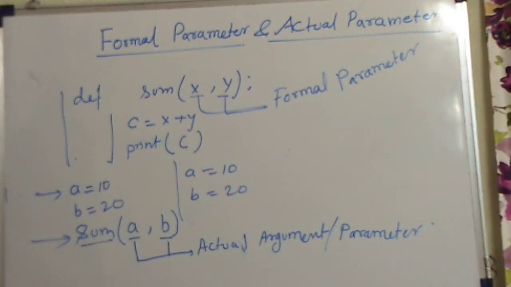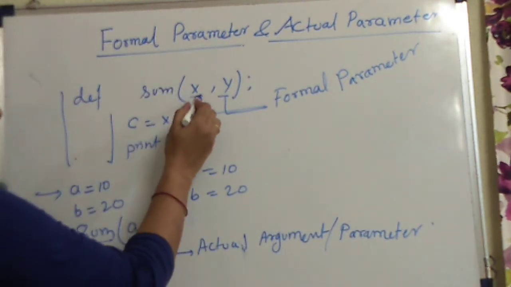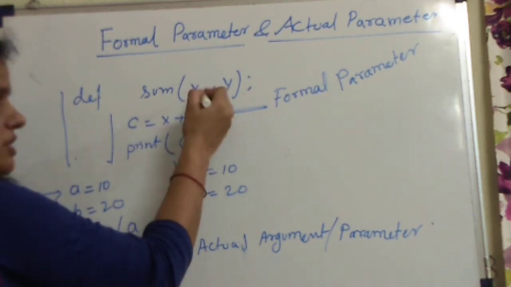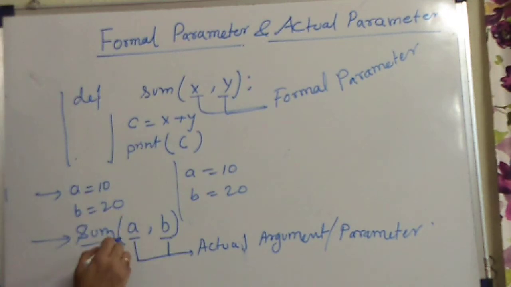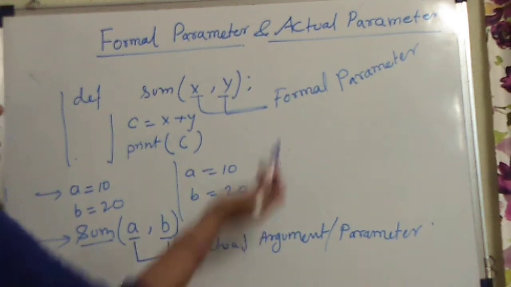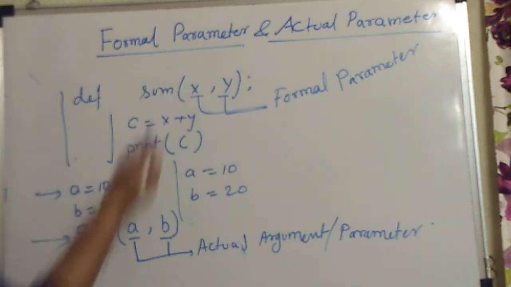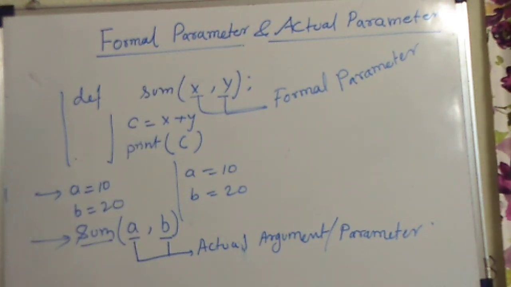Normally, in the function definition, the variables which are receiving the values are called the parameters, and the values we are passing from the function call are called the actual parameters. Normally they are mentioned as argument here, and parameter there, but nowadays they are used interchangeably, right everyone?